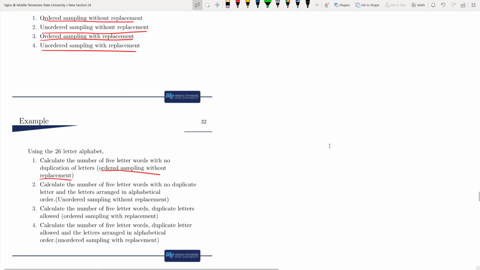So if I draw the placeholders, there are 5, so I can draw 5 placeholders. For the first one, I can pick any letter, 26. There are 26 letters in the alphabet. Then for the next one, I can choose 25. And the next one, 24.